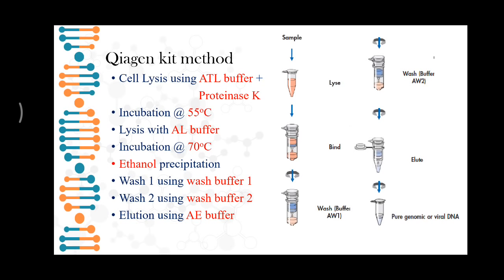So the kit method. One of the kits explained here is the Qiagen kit. Here the method we use is a spin column.